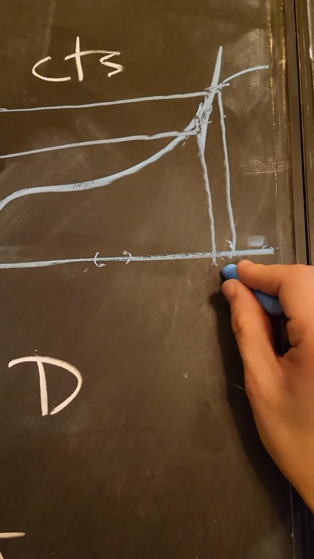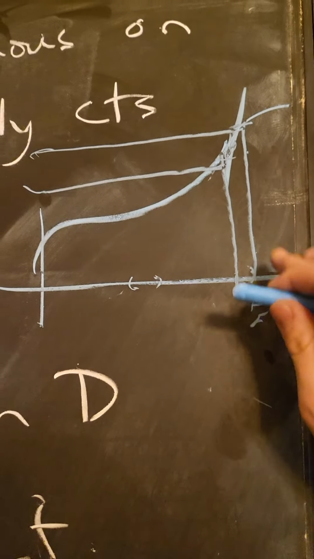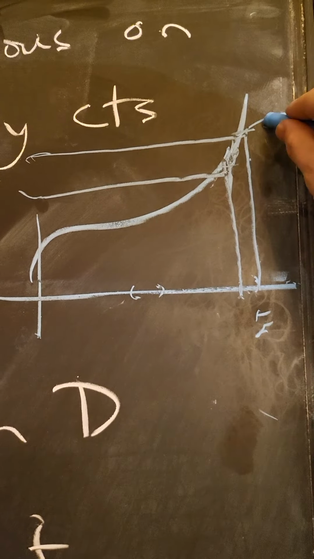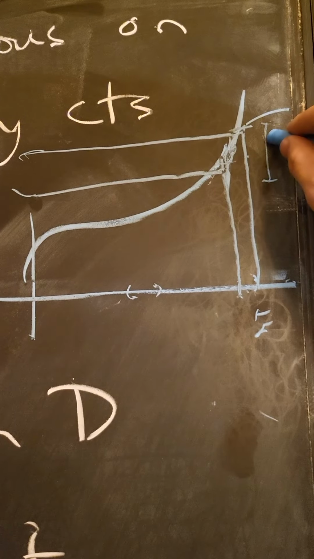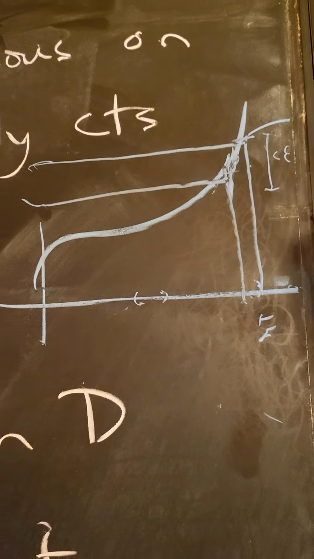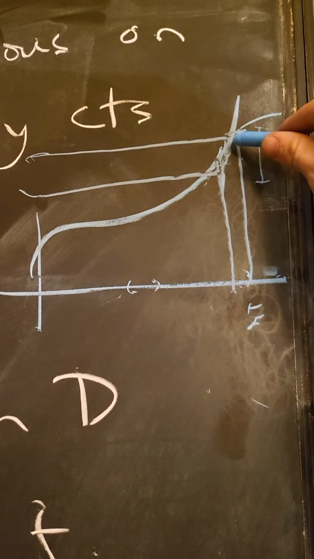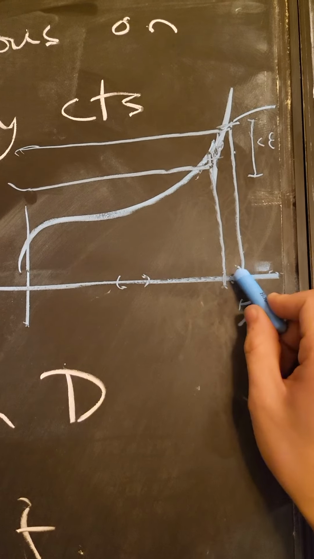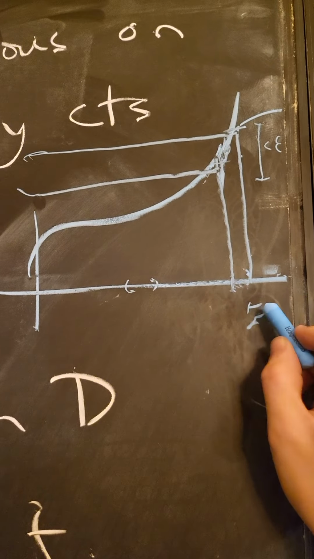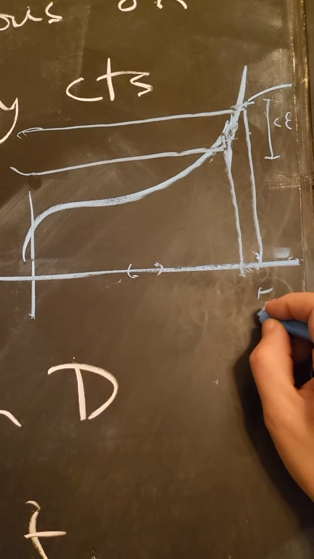This input ball is of a fixed width delta, and the output ball needs to be of a fixed width less than epsilon. Okay? So the output ball needs to be of a width less than epsilon when I input a ball of radius delta into the function.